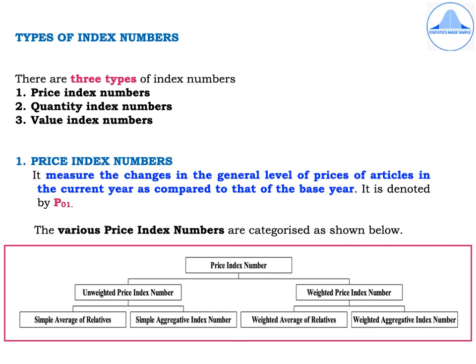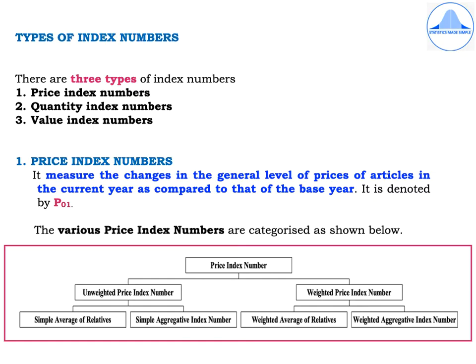The various price index numbers are categorized as shown in the diagram, which is there in the pink box. Price index numbers are broadly classified into unweighted price index numbers and weighted price index numbers. Unweighted price index numbers are further classified into two categories, that is simple average of relatives and simple aggregative index number.